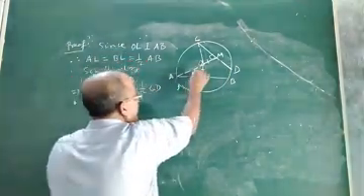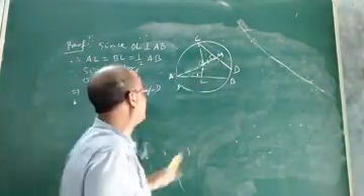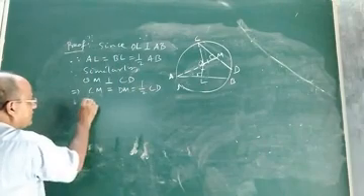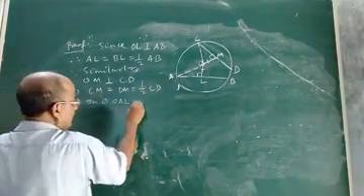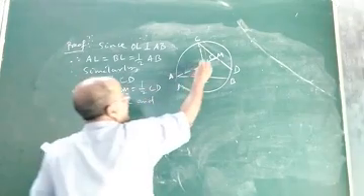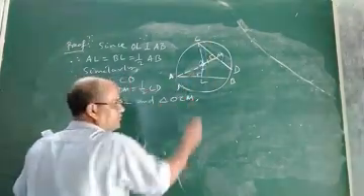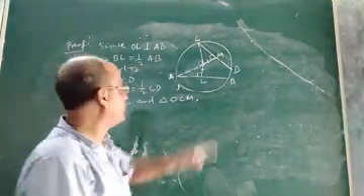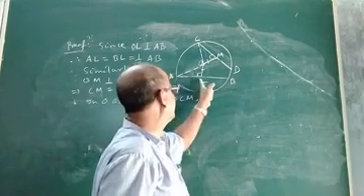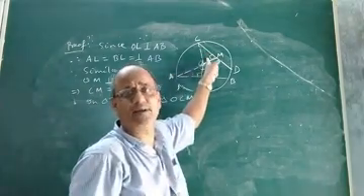So first you prove that triangle OAL and triangle OCM are congruent. If we can prove that these two triangles are congruent, then AL and CM will be equal by CPCT.